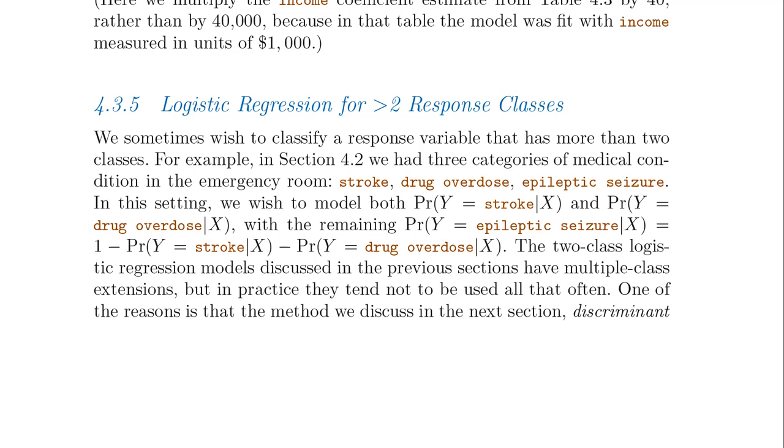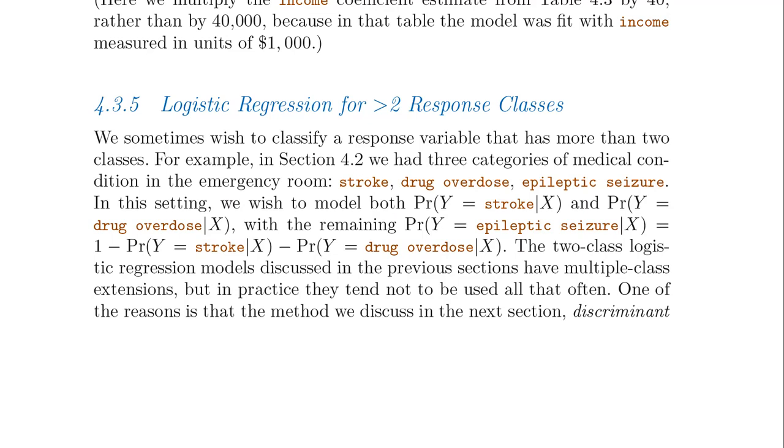Default yes, default no. We sometimes wish to classify a response variable that has more than 2 classes. For example, in section 4.2, we had 3 categories of medical condition in the emergency room: stroke, drug overdose, epileptic seizure.